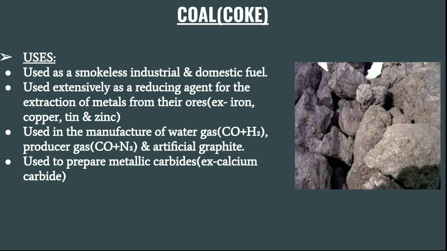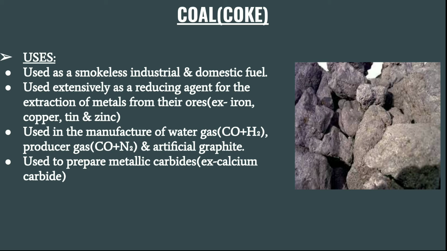Then uses of coke. This is the picture of the coke. You can see this is used as a smokeless industrial and domestic fuel. It is used extensively as a reducing agent for the extraction of metals from their ores, for example, iron, copper, tin and zinc.